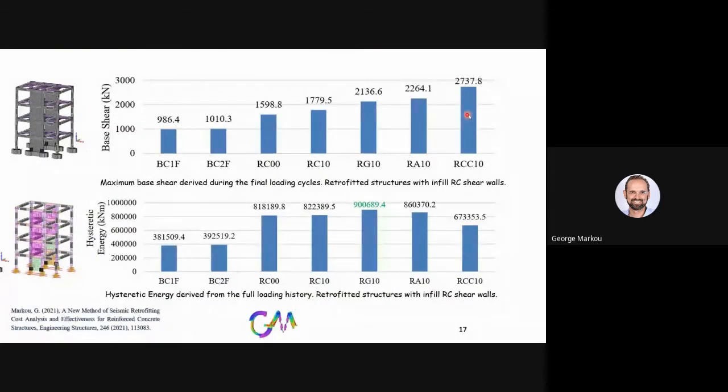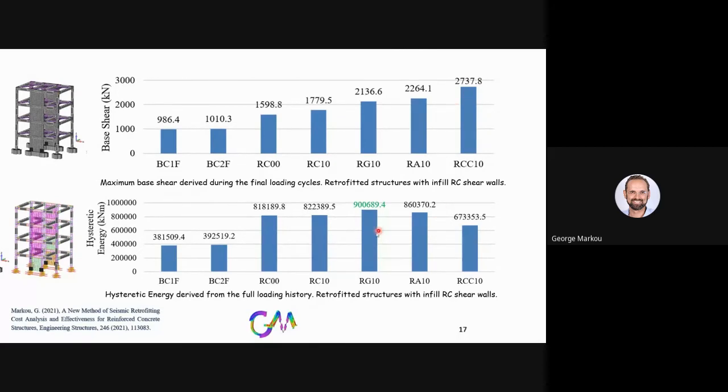Now here we can see the maximum base shear at the final loading cycles for the case where we have the infill shear walls. And as we can see, of course, the case where we have carbon fiber embedded rebars derives the maximum base shear.